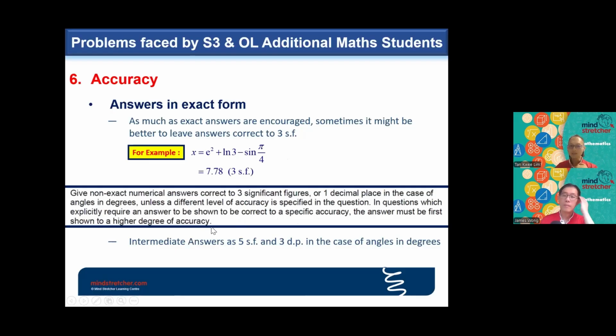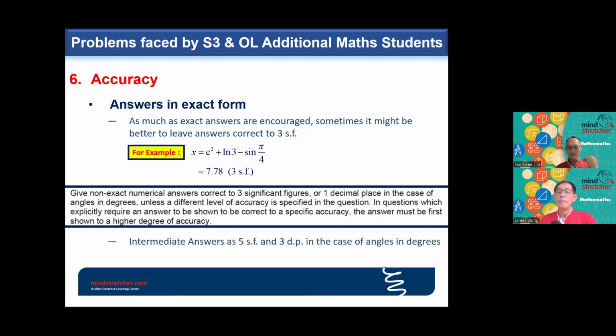So if the question asks to leave your answer in 3 significant figures, they should write an intermediate answer in 5 significant figures, followed by the final answer in 3 significant figures. In short form, it's 3SF, 5SF and 3SF.